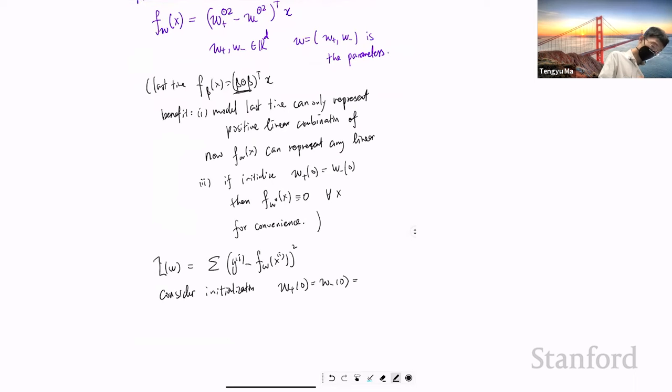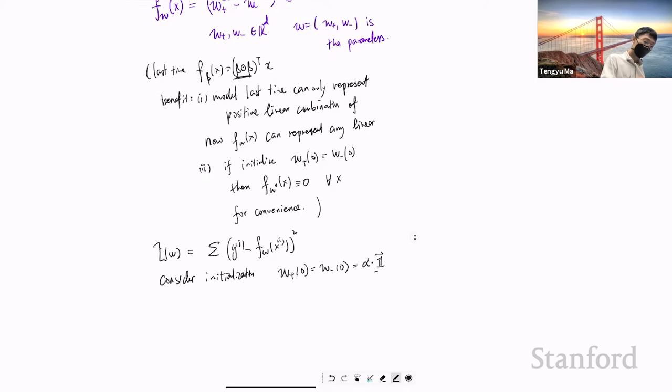For simplicity, we choose this to be alpha times the all-ones vector, and alpha is the thing we're going to change. We're going to see how the implicit regularization effect depends on the scale of alpha. When alpha is small, it gives you something; when alpha is big, it gives you something else. The all-ones vector is chosen as before, somewhat for convenience in the previous lecture. You can still do it with other initializations, it's just that the form will be a little more complicated.